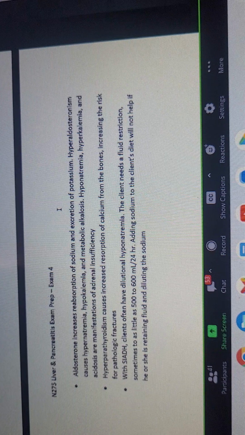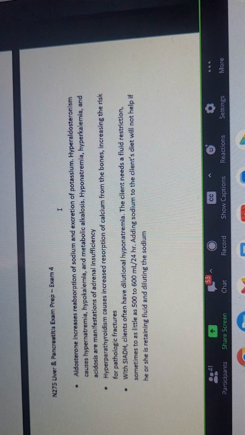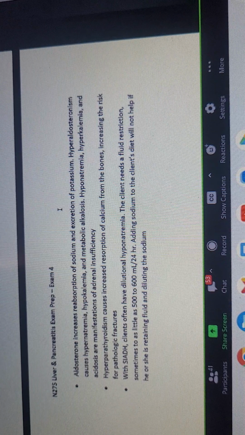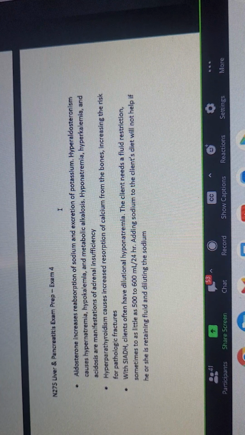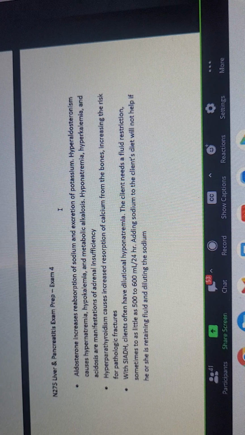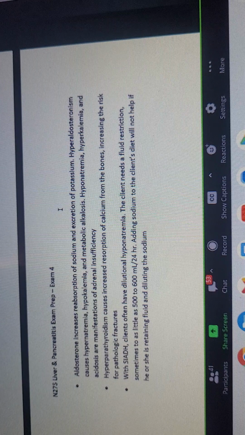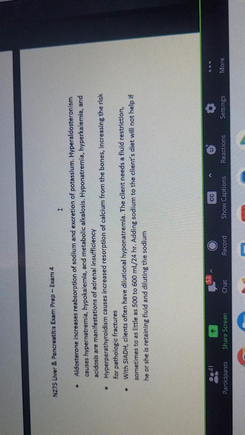So that's why if somebody has out of control hyperparathyroidism, there's increased risk of having fractures, right? And even simply by moving them in the bed, we could break their leg. So that's why we have to make sure we use a sheet and carefully boost them and move them up.